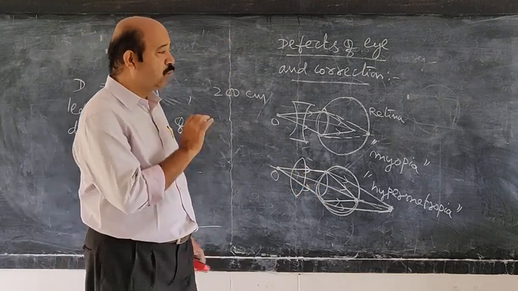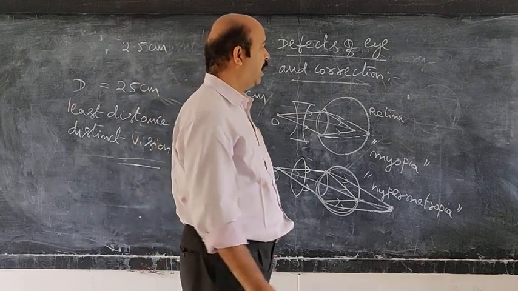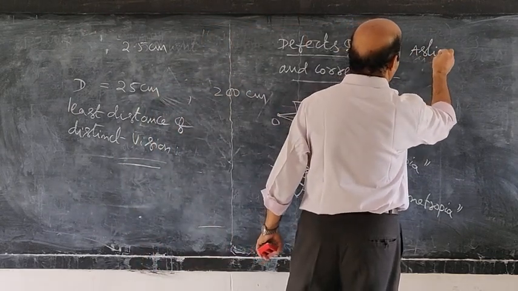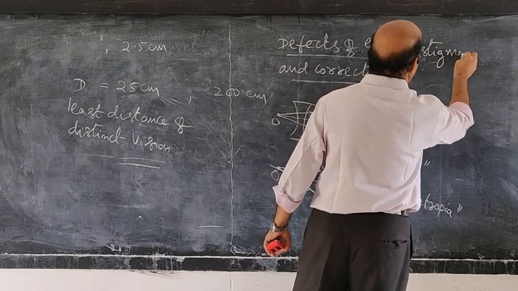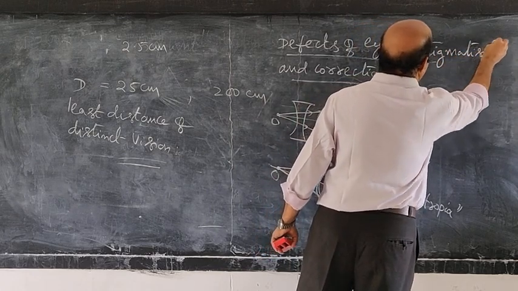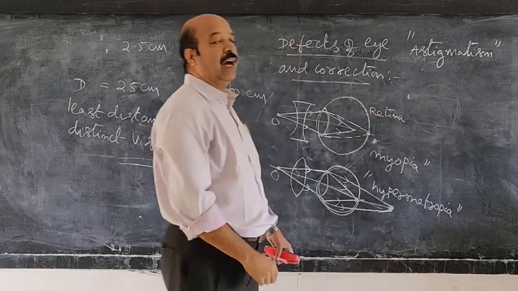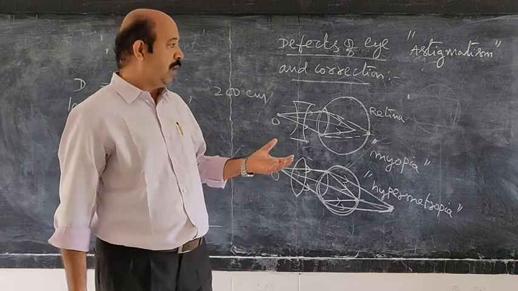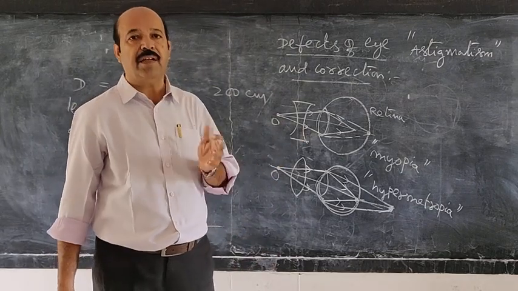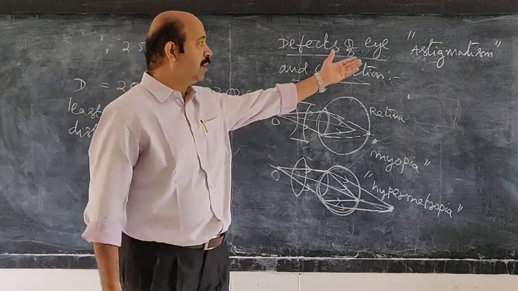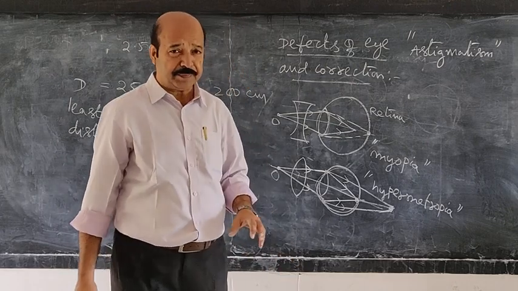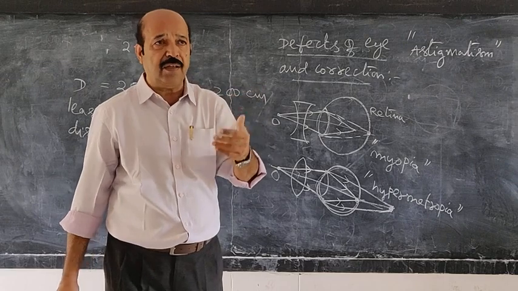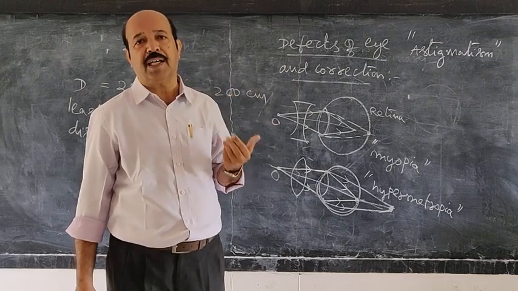Other than these 2 types of defects, there is another defect known as astigmatism. Astigmatism arises due to a defect in the curvature of the cornea, because of which the grid lines, either vertical or horizontal, one of them cannot be focused correctly.